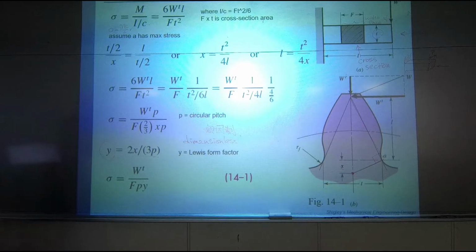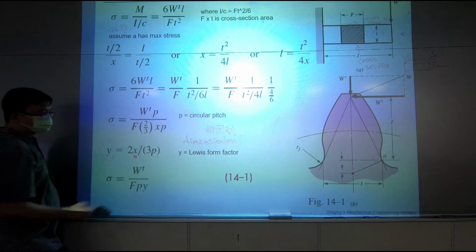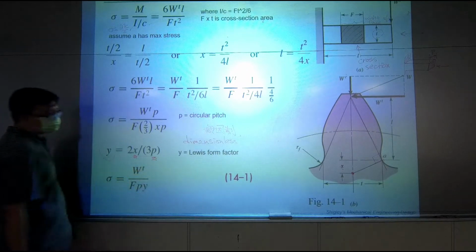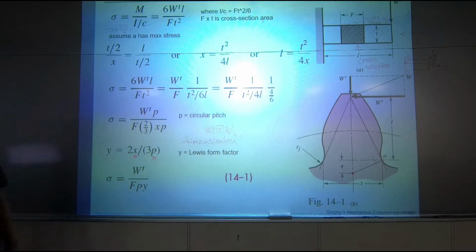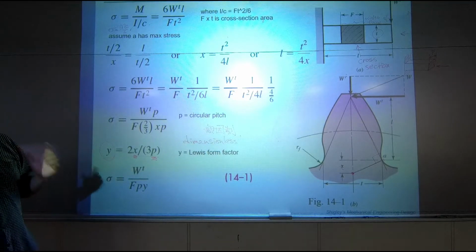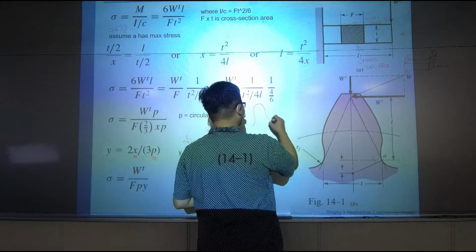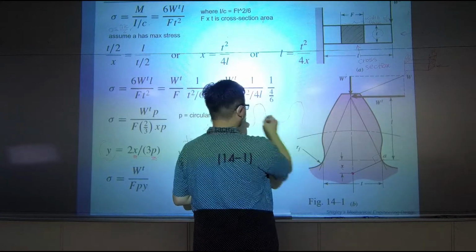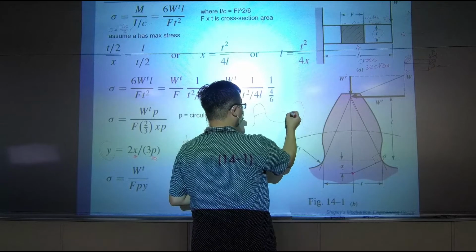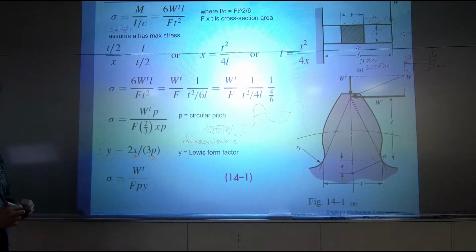So what he did was he put x right here, and he put circular pitch right here. So pitch is also a very important parameter. It's telling you the arc length between two teeth.